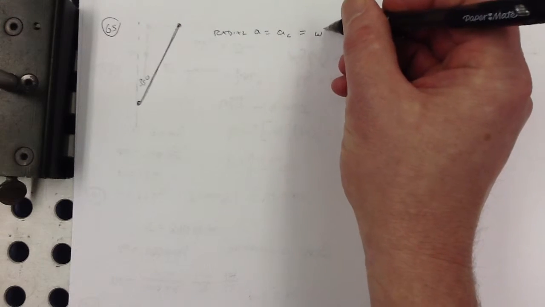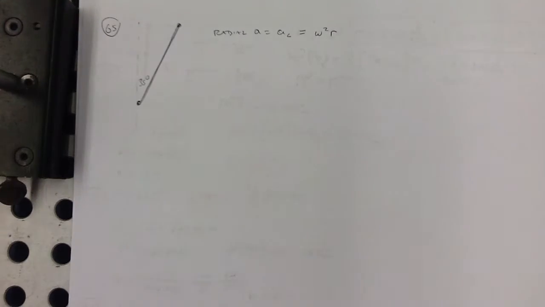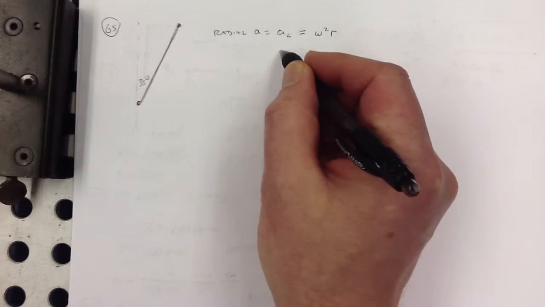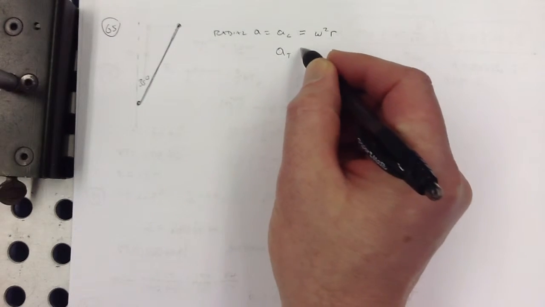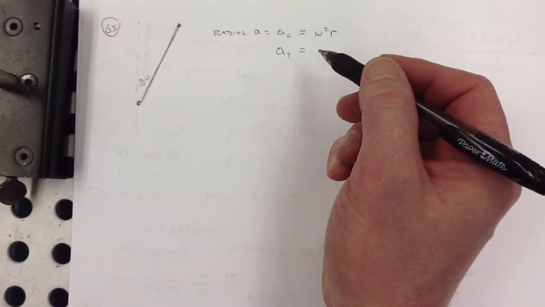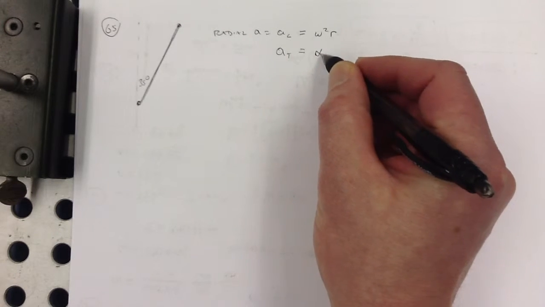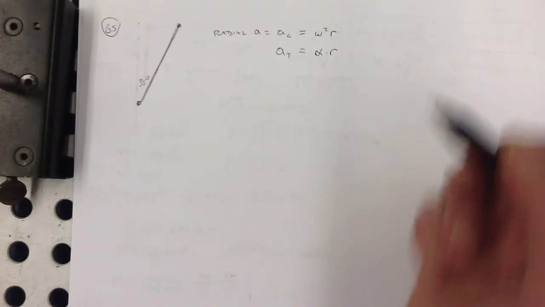Or, if you want, omega squared r, which might be better for us since we're doing rotational stuff. And then the tangential acceleration that they ask for in part B is alpha times r.